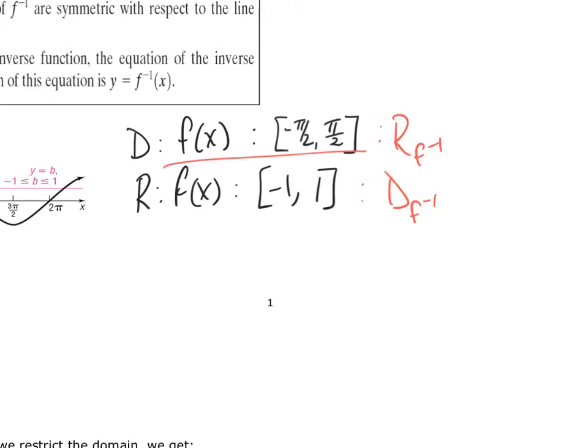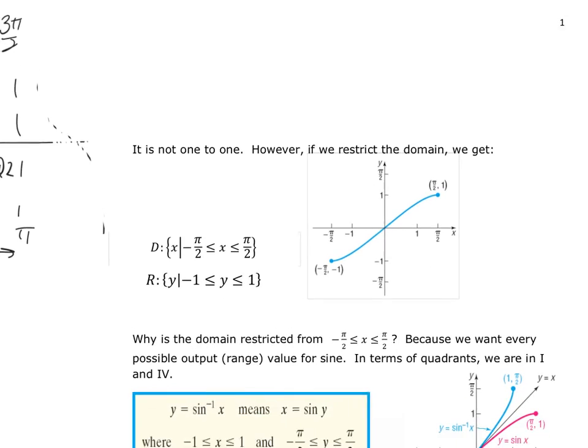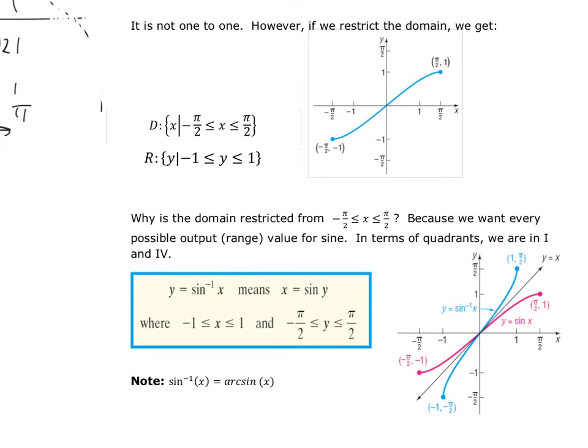So from Precalc 1, when we find inverses of our functions, the domain of my original function becomes the range of my inverse, and the range of my original function becomes the domain of my inverse. Okay. So here's what sine looks like. We cut it between negative pi halves to pi halves.